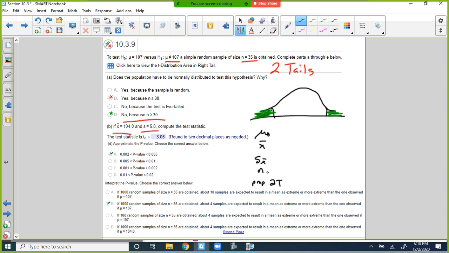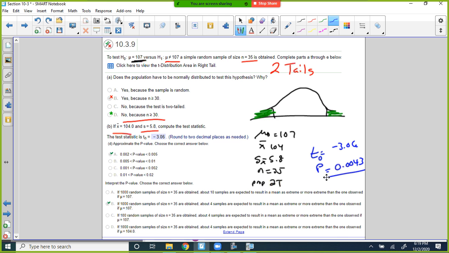It's two tail, N is 35. Standard deviation was 5.8. And then X bar, the mean, was 104. And our mu naught is right there in our null hypothesis, that's 107. And when you do this, you get two things back. You get a t value of negative 3.06, a t sub 0, I should say, and then a p-value of 0.0043.